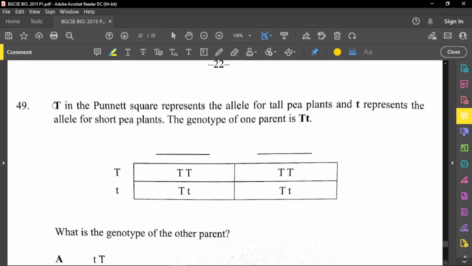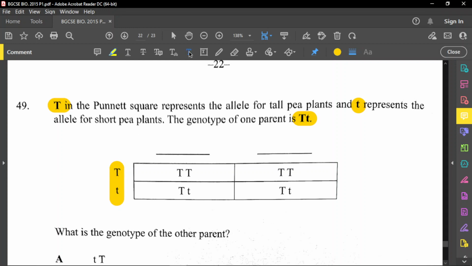So big T is for tall, small t is for short, and big T and small t is heterozygous, which still means the plant is going to be tall. It said, what is the genotype of the other parent? So if one is heterozygous, what is the other parent?